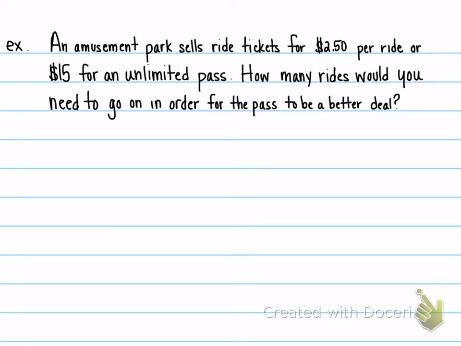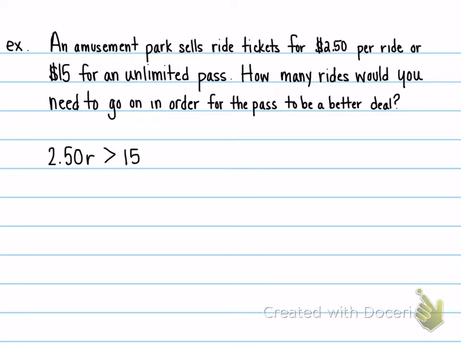It's $2.50 per ride. And for this to be something you don't want, it has to be more than $15. Then the number of rides you go on will be a better deal.